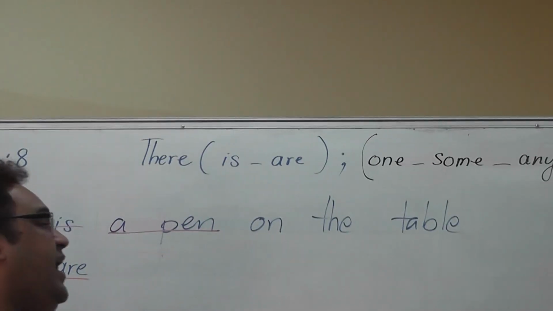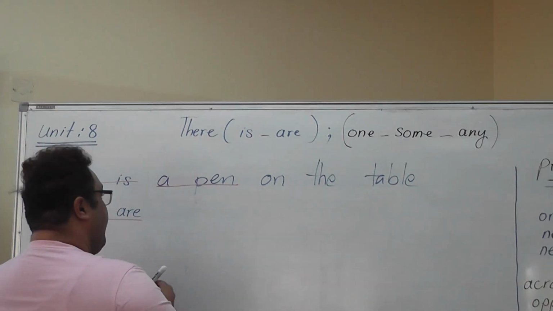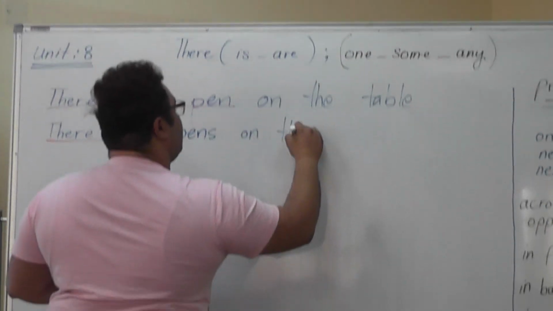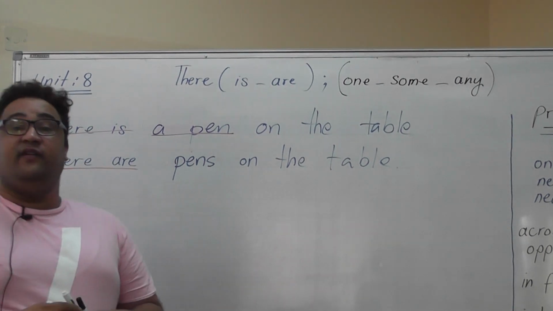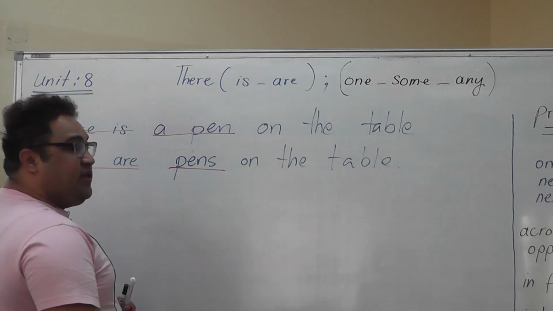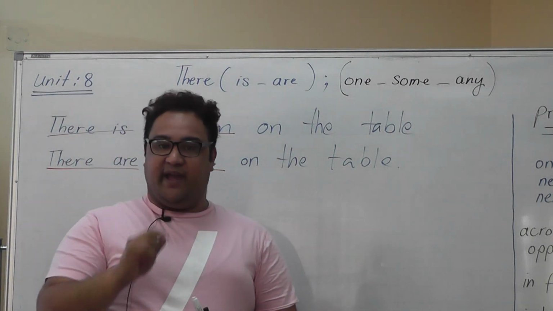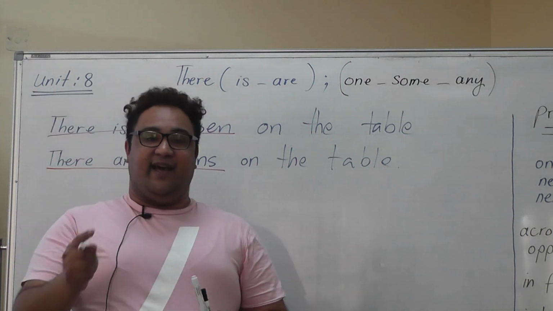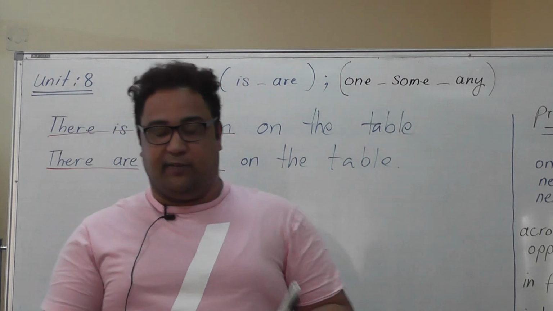And we say there are pens on the table. So how many pens do we have? We have two or more pens. Take note that here we did not put S because we only talk of one pen. But here we made the pen plural. We added S because we talk of two or more pens, plural subjects or plural objects.